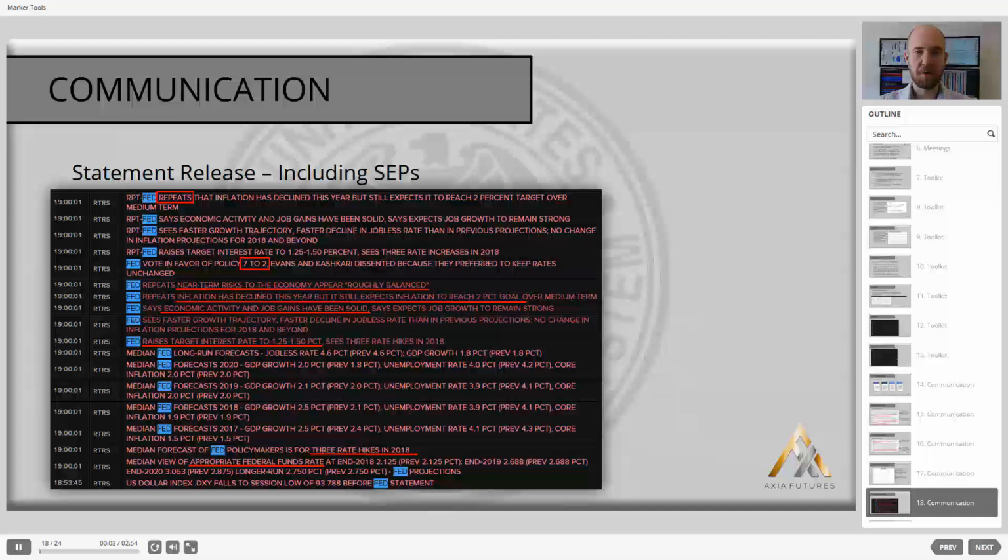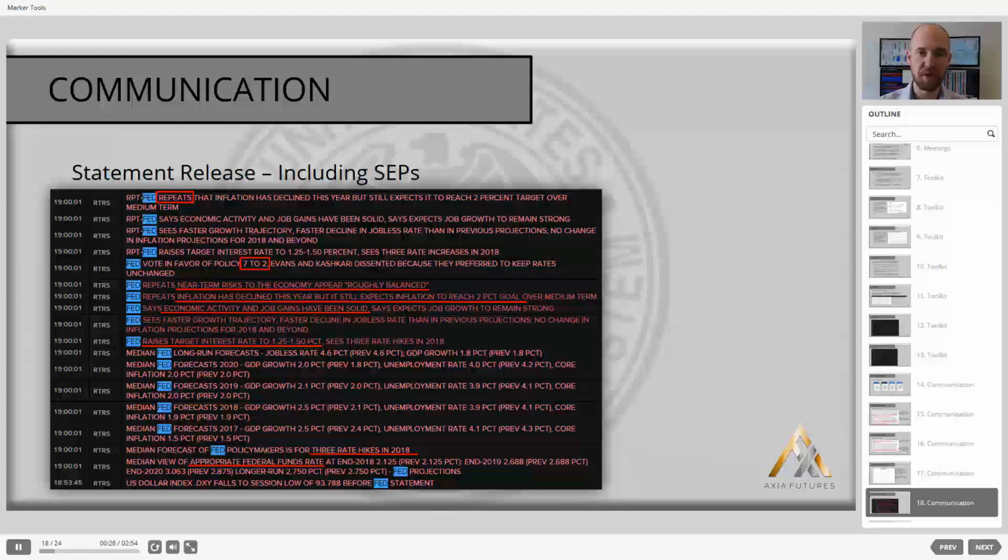So here's how the Fed statement comes out in the screen release. This is what you get at 7 o'clock in the evening, UK time. The dots are released as part of the Fed's staff economic projections. So along with the dots, you will also get projections on GDP, unemployment, and inflation.